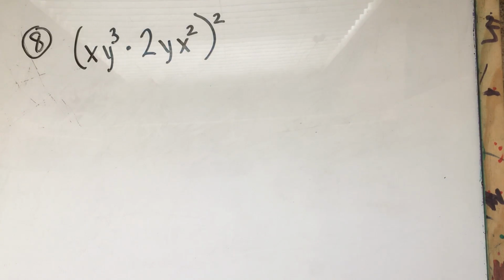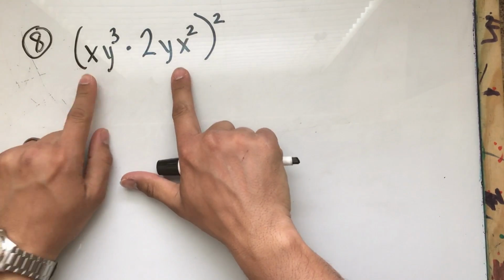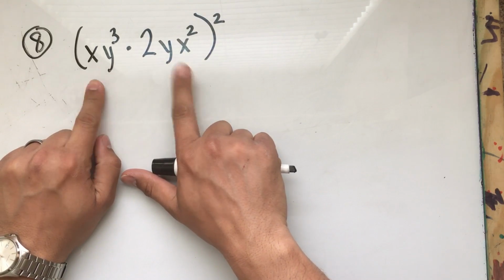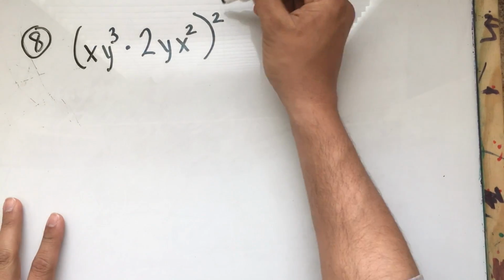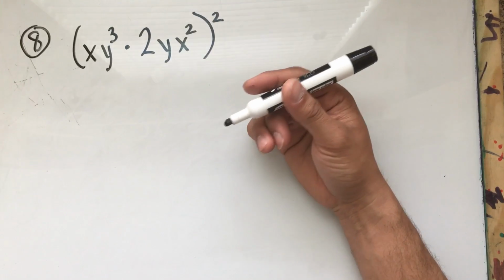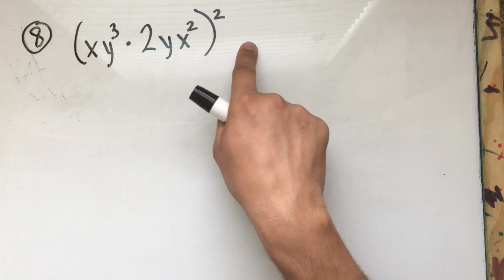Okay, so let's talk about some options that you could have. An option you can do is you can go ahead and combine the variables that are the same inside and then apply the power, or you can multiply the power times everything and then combine everything. My preference is to always simplify inside and then apply the power.